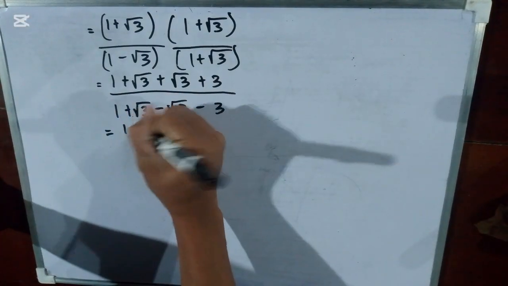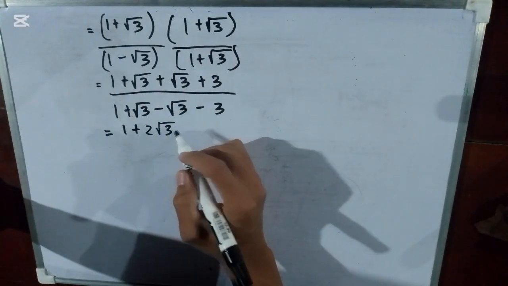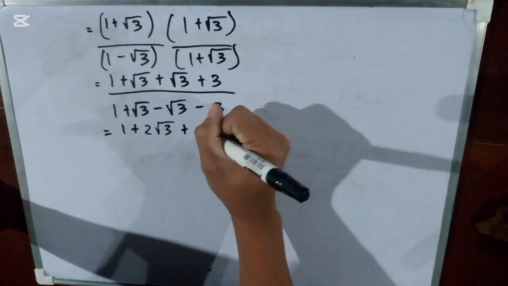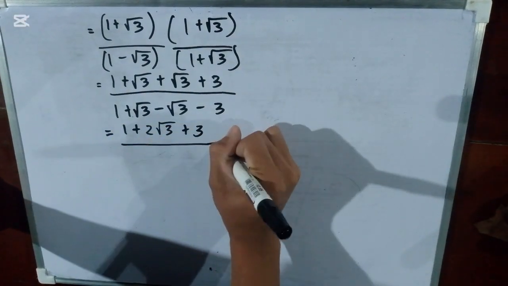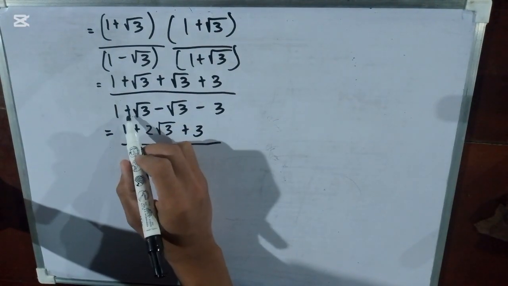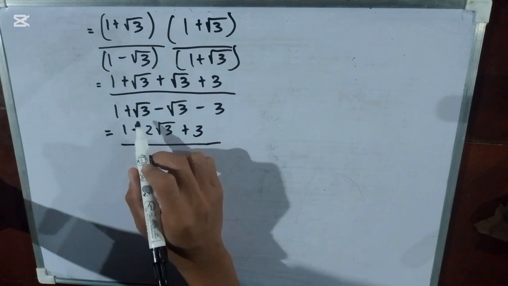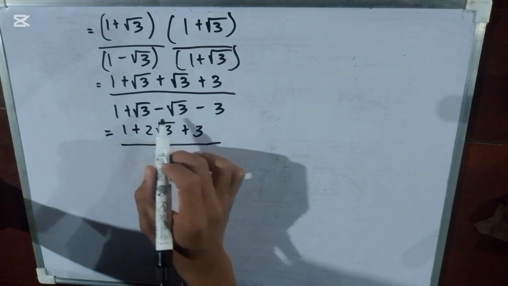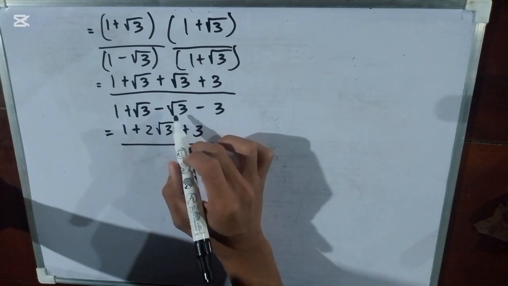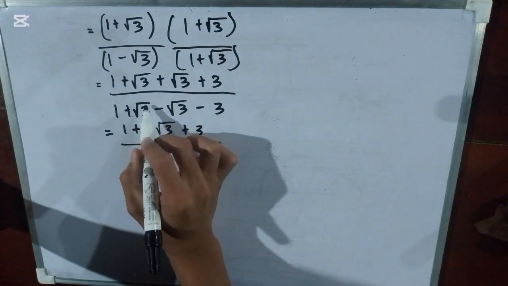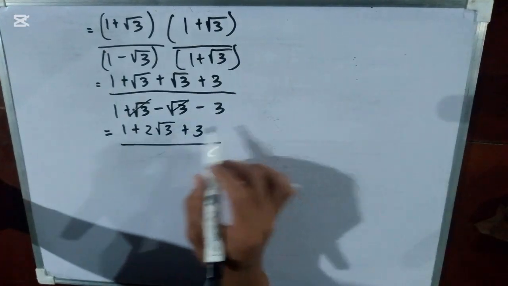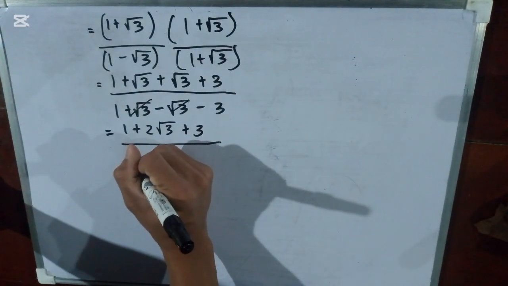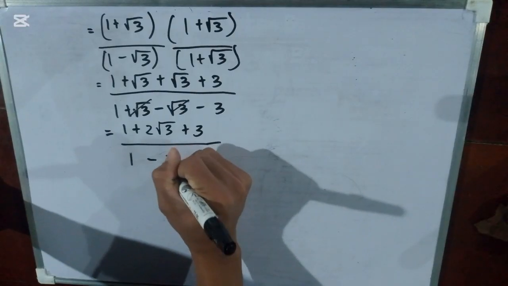So it becomes 1 plus 2 root 3 plus 3 over positive root 3 minus root 3 plus 0, so cancel. It becomes 1 minus 3.